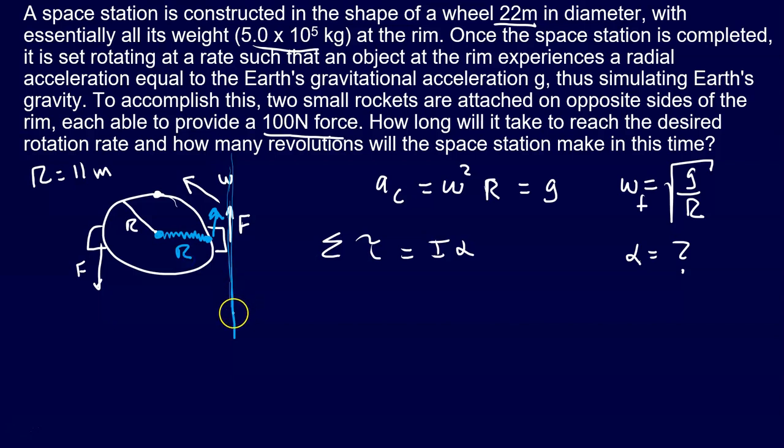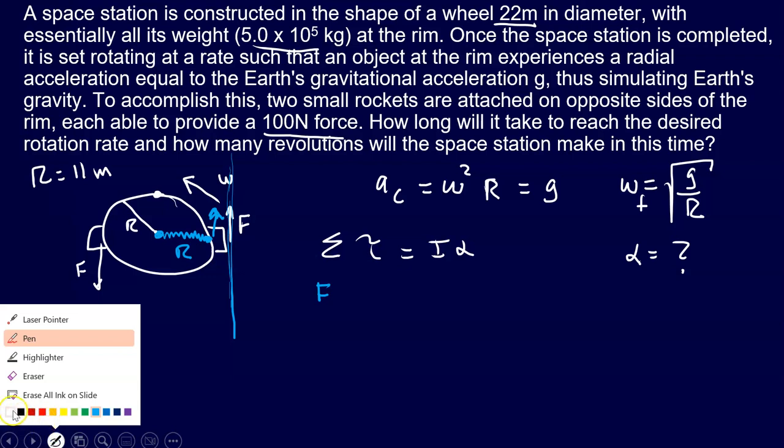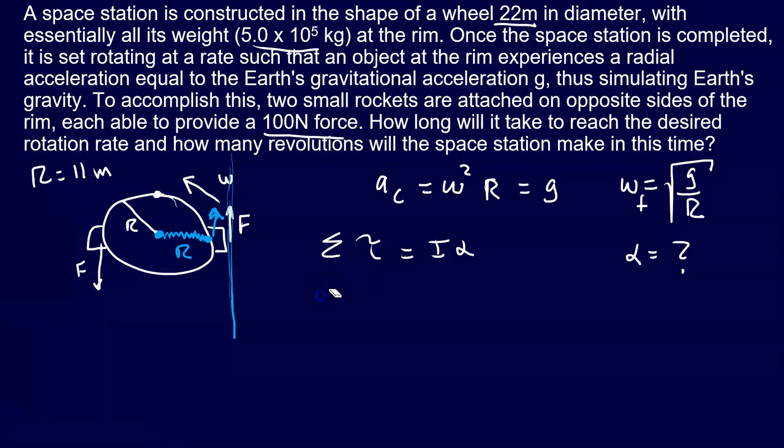So the moment arm is going to be R. So for the torques, it would be the force of 100, FR, and then there's a 2 because there are 2 rockets. The torque in this situation is caused by the 2 rockets, a distance R from the center, and so they give a torque of 2FR. And then I set that equal to I times alpha.